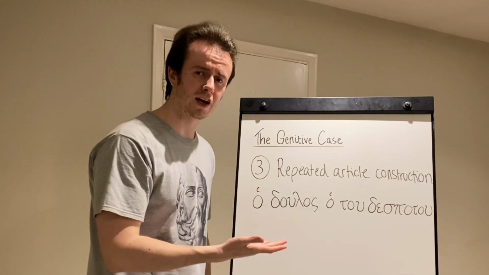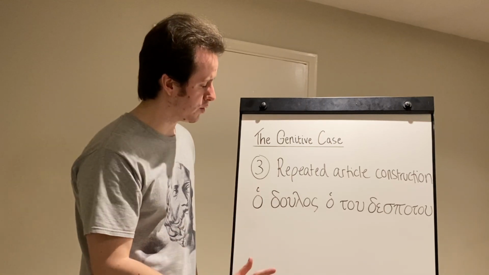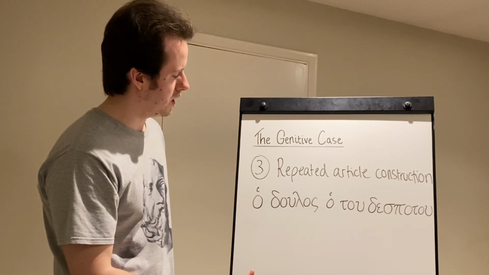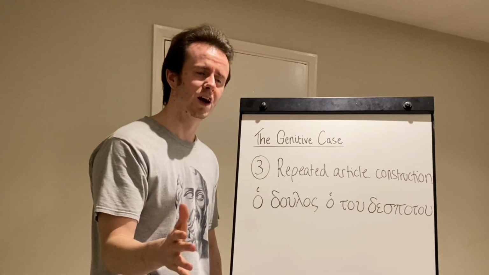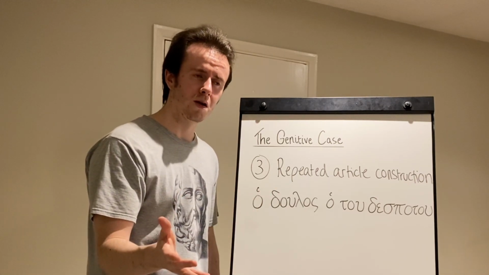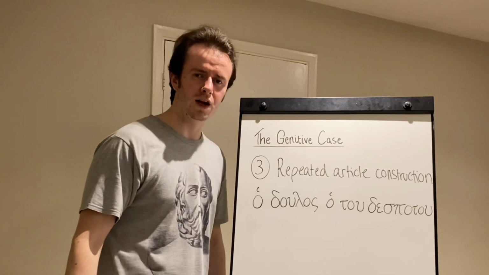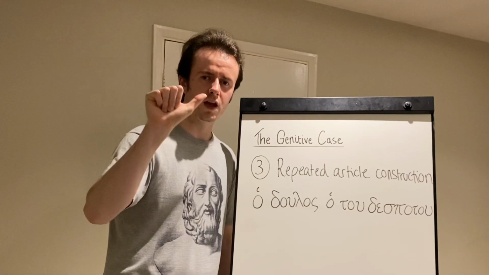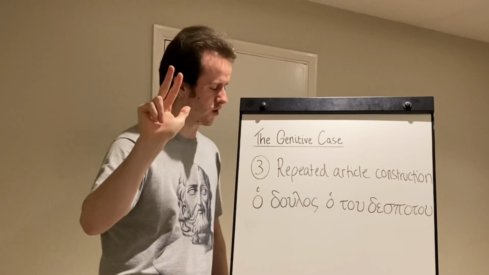So this is the exact same phrase in terms of the meaning, but we have now seen this phrase in three different forms according to the three different ways that a genitive noun might be deployed in an ancient Greek sentence. And those ways are the plain deployment, the sandwich construction, and the repeated article construction.